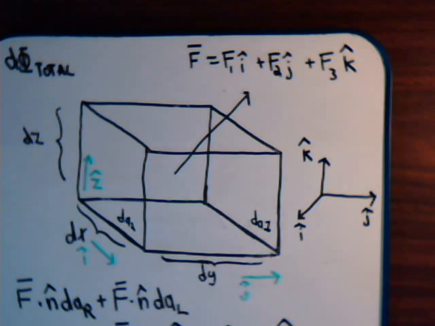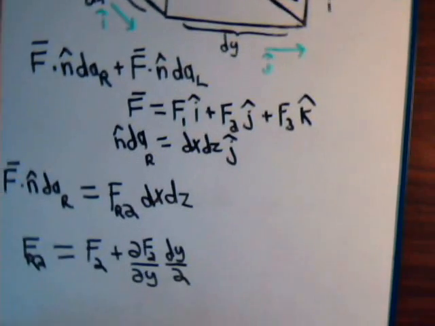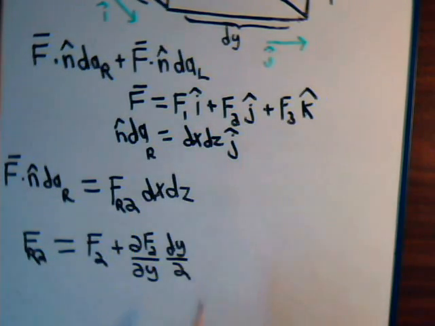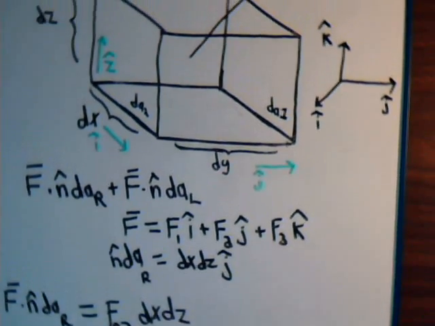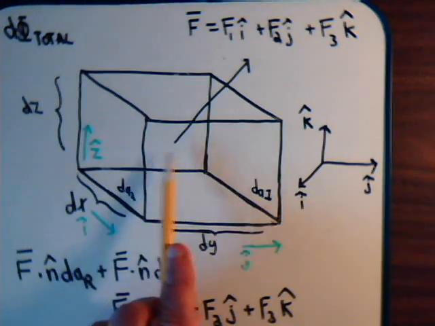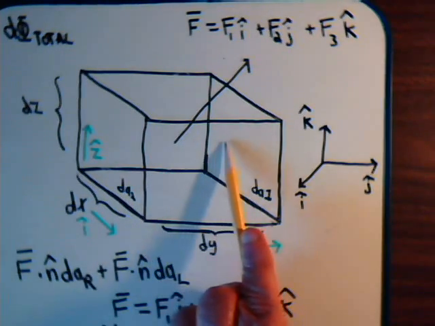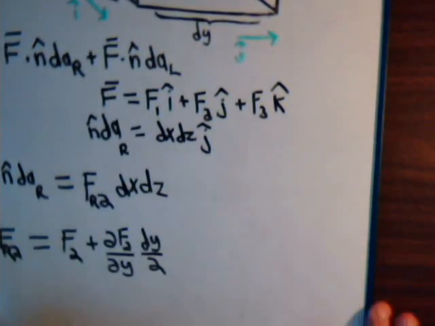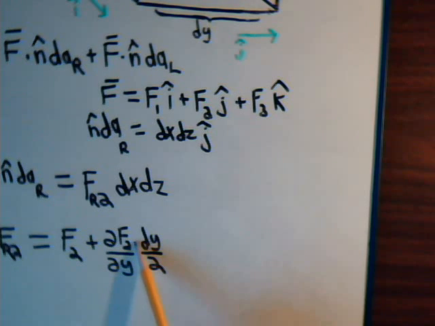Of course, after taking the dot product, we're interested in just the F2 component. So it's going to be what it was originally when the vector was sitting right here, plus the amount of change when we shifted the position. And how much change is that? It's the partial of F2 with respect to y.